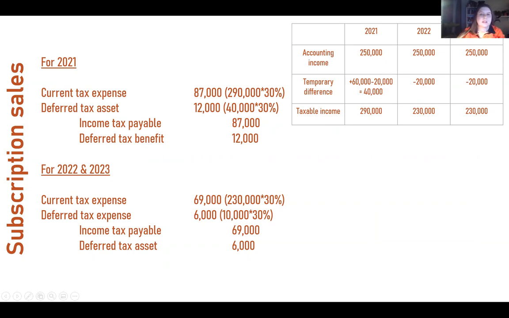Why did I put 10,000? Hold on. It's supposed to be $20,000 here. I think the math still works, but put $20,000 here instead. And same thing for 2023. So at the end, your deferred tax asset is going to be at 0 in 2023 for this sale.